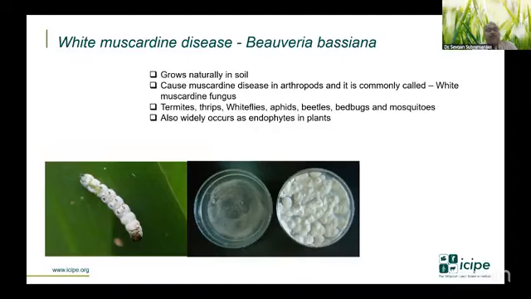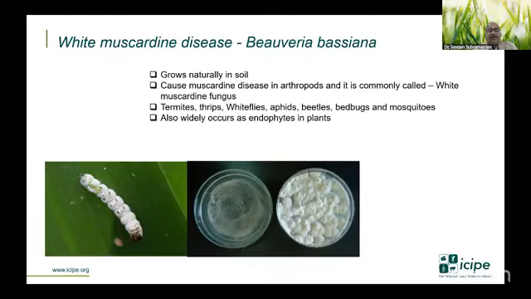Among the entomopathogenic fungi, there are two major groups which have been largely looked at in terms of management of lepidopteran pests. White muscardine disease, Beauveria bassana, is effective against a range of insects: termites, thrips, whiteflies, aphids, beetles, and others. With fall armyworm also, Beauveria bassana has an entomopathogenic effect, more prominently against the adults as compared to the larvae and the eggs.